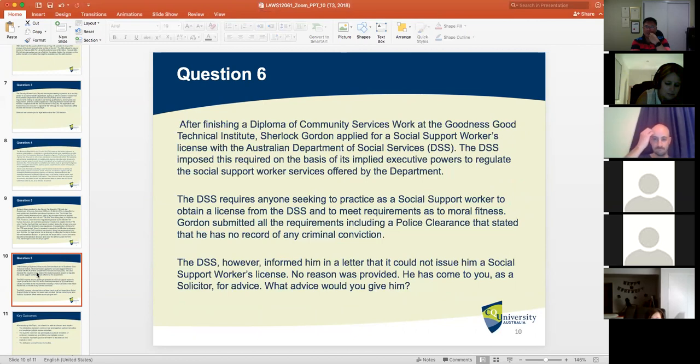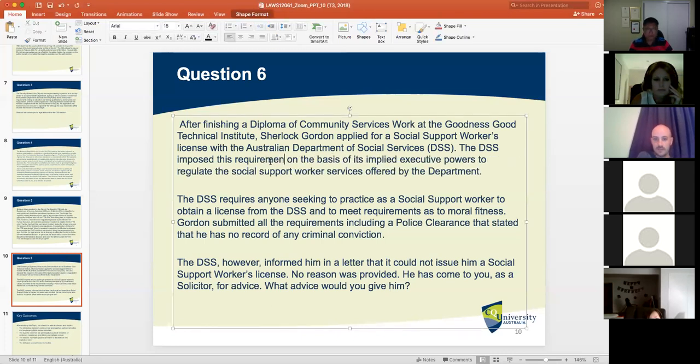Question 6. Can I ask somebody to read question 6? After finishing a diploma of community service work at the Goodness Good Technical Institute, Sherlock Gordon applied for a social support worker's licence with the Australian Department of Social Services. The DSS imposed this requirement on the basis of its implied executive powers to regulate the social support services offered by the department.